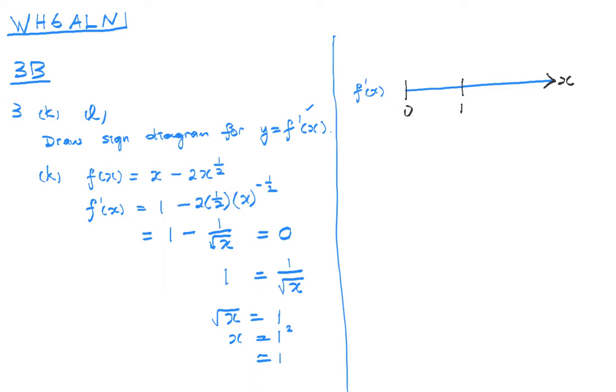If I want to know whether the sign will be positive or negative, we always do this with the help of the graphic calculator. From your GC, you got your Y1, which is x minus 2 root x. And your Y2 is supposed to be this. I hope everyone knows how to do this.